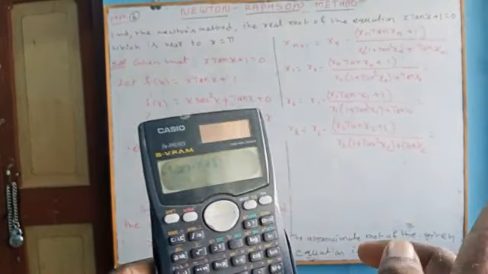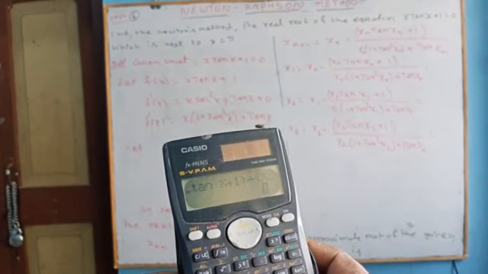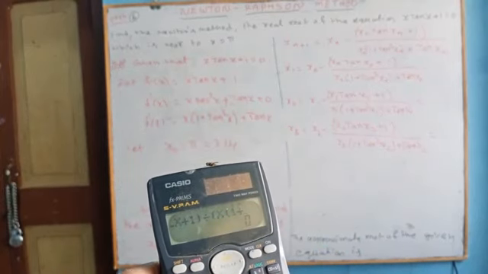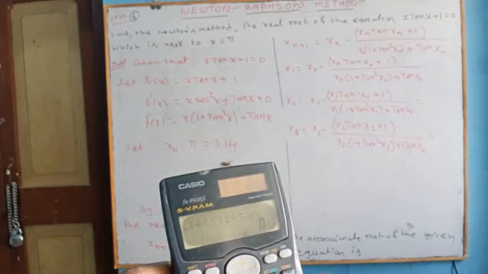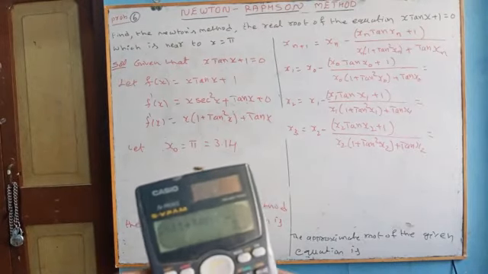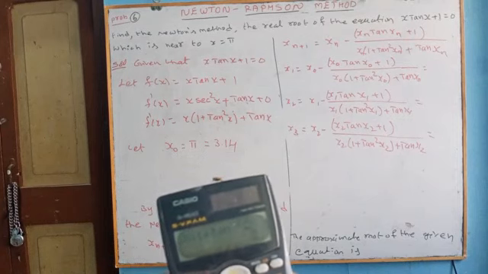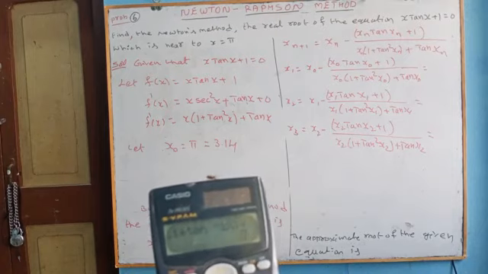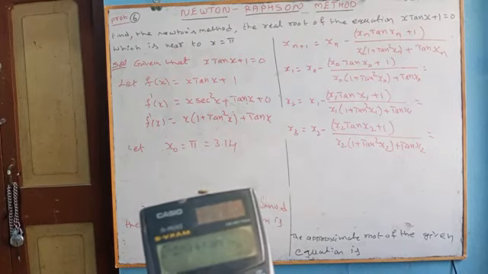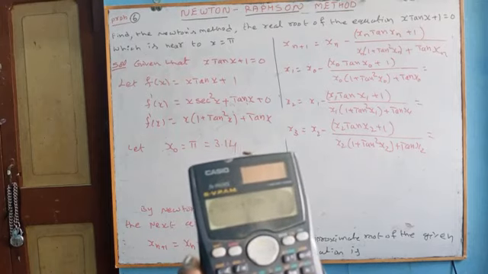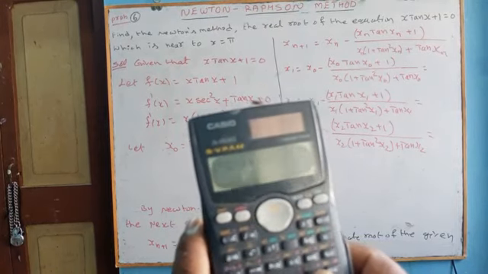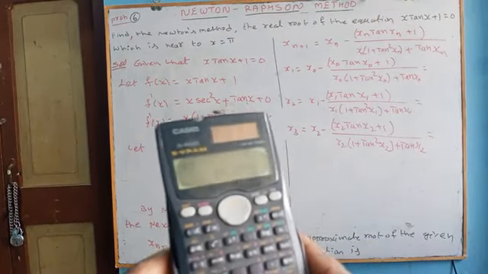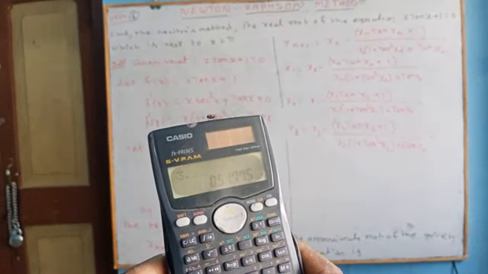Again some function is there. What is that? 1 plus tan square x. Again open the bracket, 1 plus tan square. First you can write tan x. Okay, clear? Bracket close, plus again tan x, again bracket close for the denominator and bracket close for the fraction. That is the equation on the calculator. Put x is equal to 3.14.